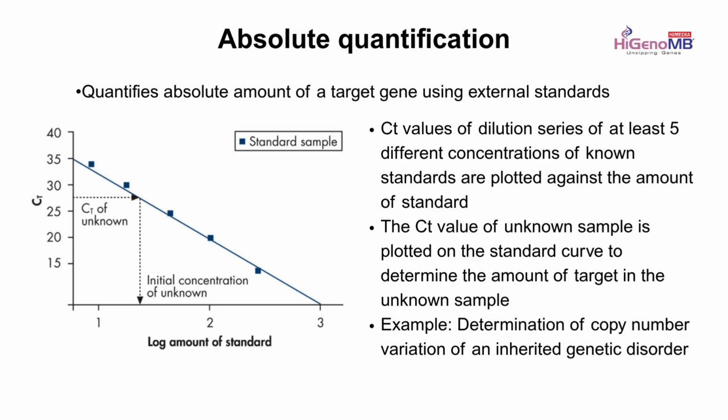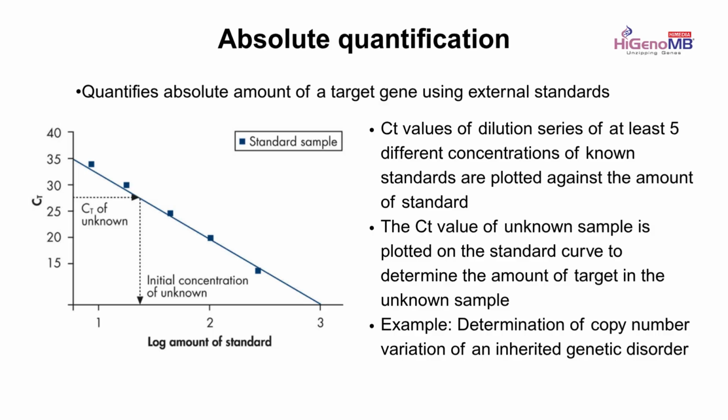Okay, where is this useful? This is useful when you want to do an absolute quantification of the gene of interest. So the CT cycles that we obtained from the dilution series of your template DNA, we can plot against the log amount of DNA and the CT cycle to obtain a standard curve.